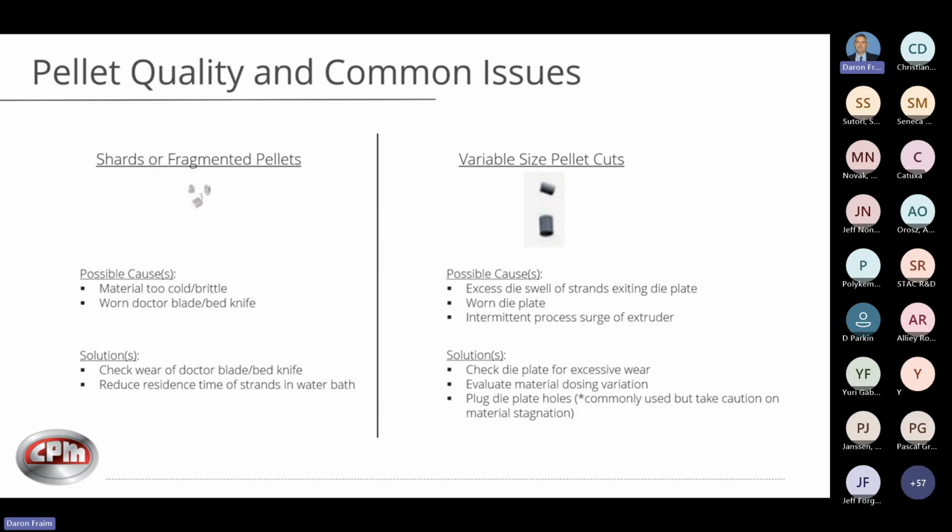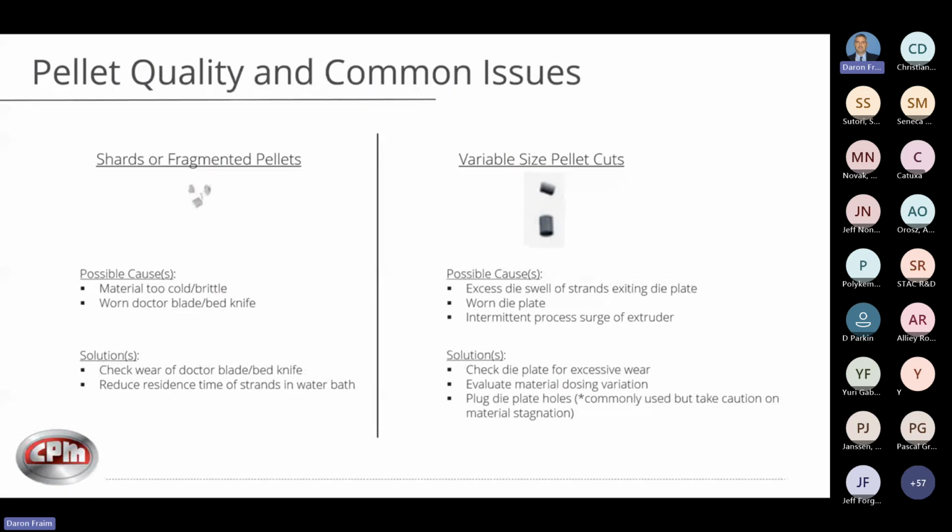Again, you want to check die plate wear condition, maybe check material dosing if you do see some swings in your pressure. And then, as we've touched on earlier in the presentation, on plugging die holes, if all else fails, in many cases you can plug die holes to help try to offset any pressure differential.